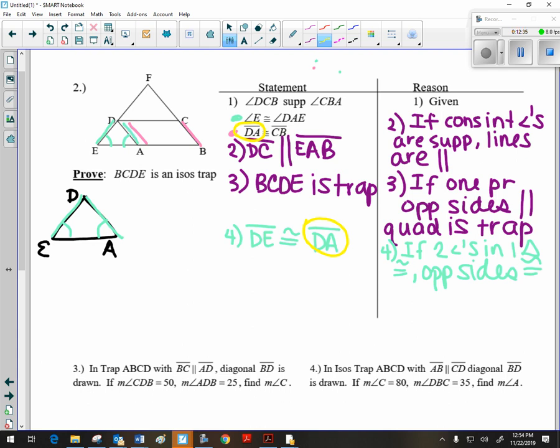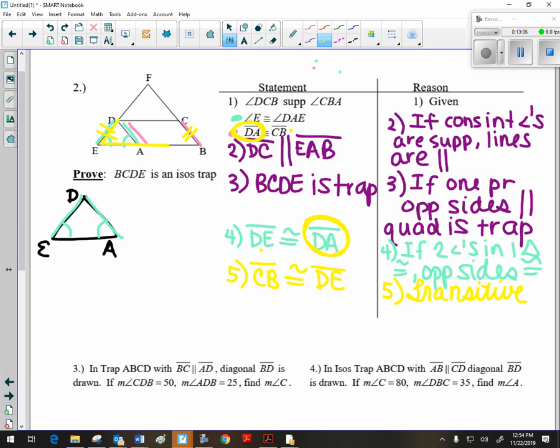If line segment CB is congruent to DA and line segment DE is congruent to line segment DA, then by transitive, line segment CB must be congruent to line segment DE. So I've got 1 link, 2 sets of congruence, that's transitive. So I have this congruent to this.